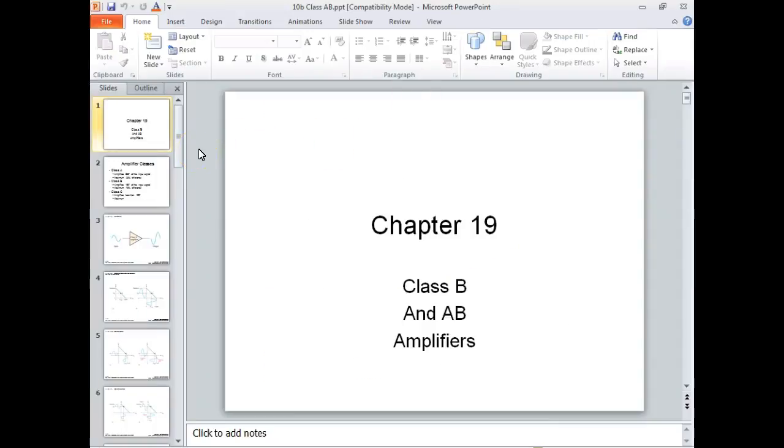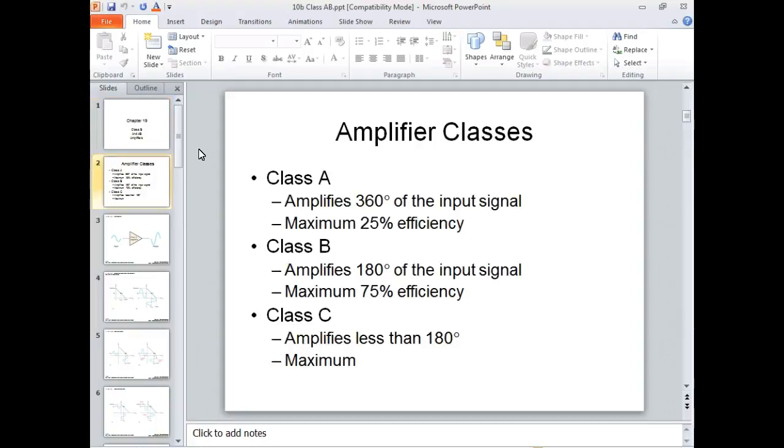So what's Class A? What's a Class AB amplifier? So we know we have 3 classes. Let's go back and review this. What are our 3 classes? Class A, we get 360 degrees of the input signal passed to the output, right? But Class A amplifiers are very inefficient because we have to bias those transistors on.